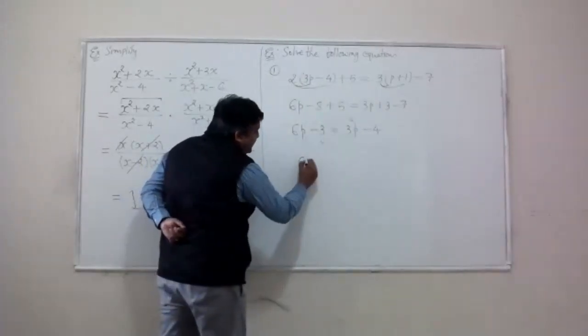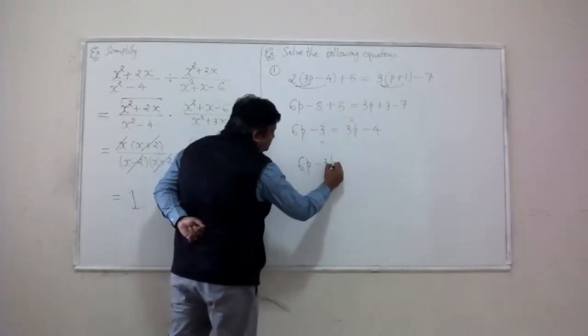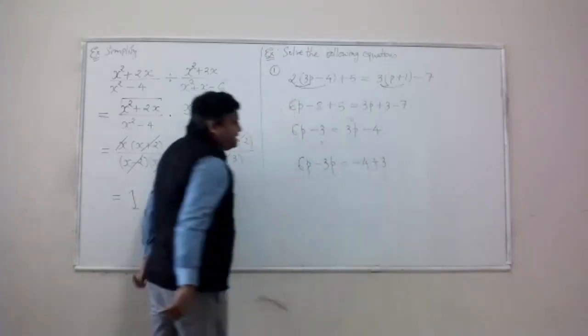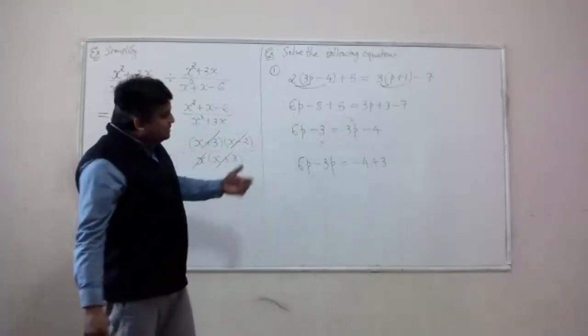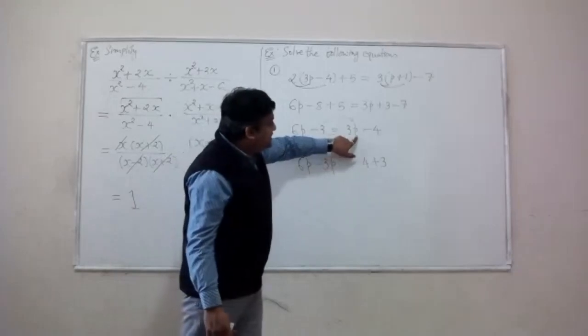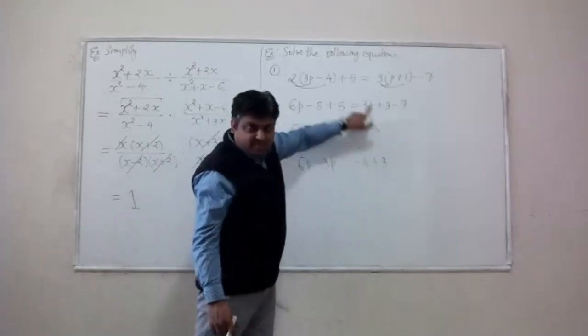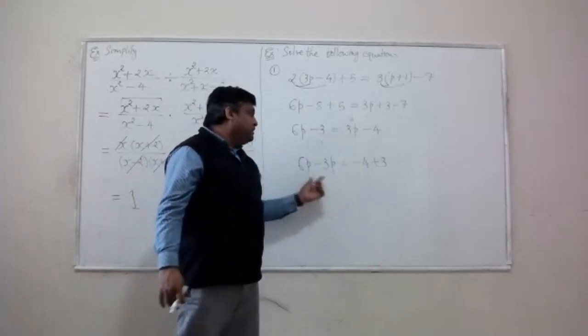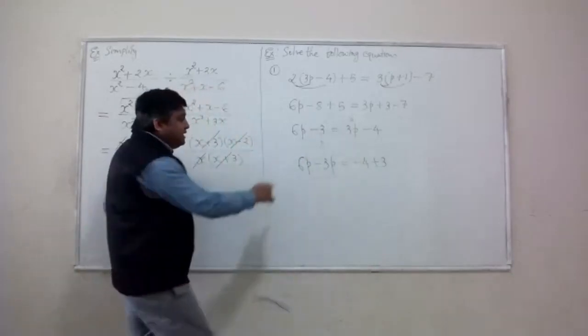So add negative 3p on both sides. Add 3 on both sides. Now remember, this is a really intentional move, right? There is no need to write 3p minus 3p on the left side to cross 3p out. This was intentional. It's perfectly fine to skip that step.